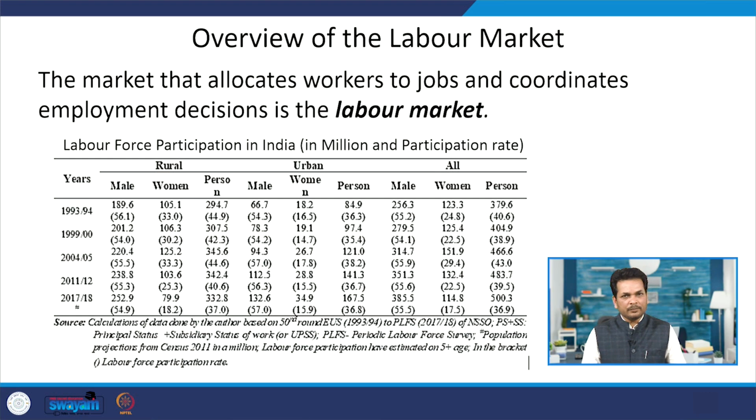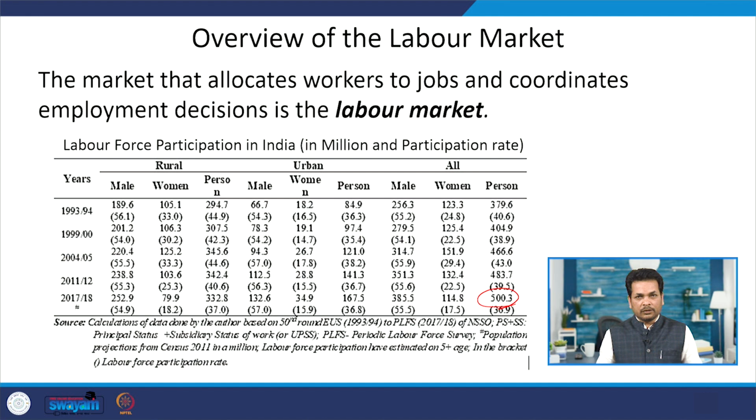So, if you look at the size of this labor market, if you look at the statistics of the Indian labor market, roughly 500 million people, more than that, are in the labor force. This is the data for 2017-18 PLFS data.